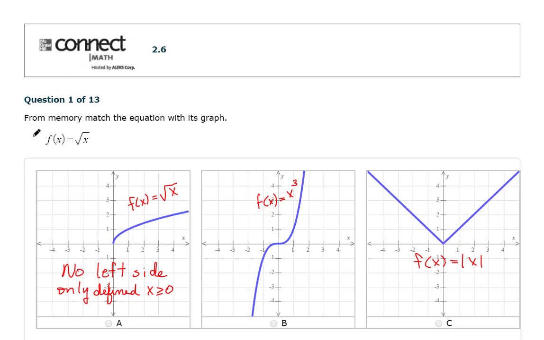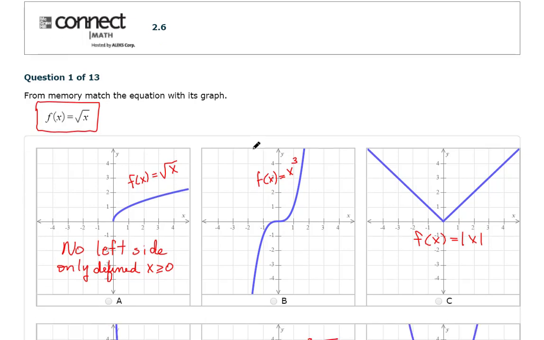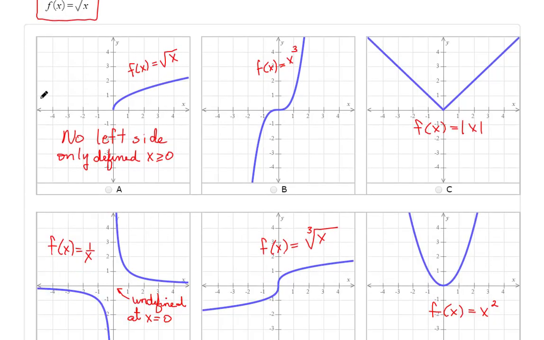Question 1 says, well, which one of all these graphs is the square root of x? Well, that's true. We want that, but I also want to talk about these others as well. Here is the square root of x. It starts at the origin. It goes off to the right forever.